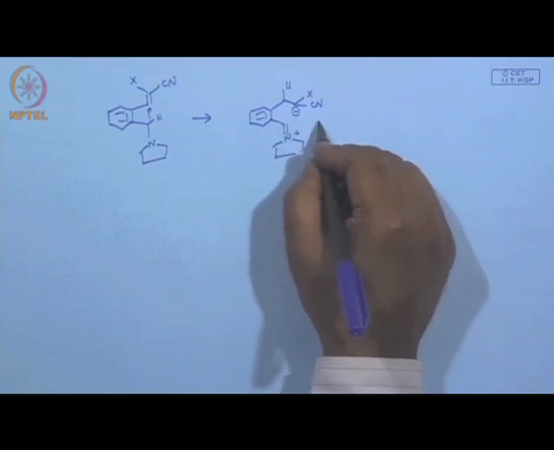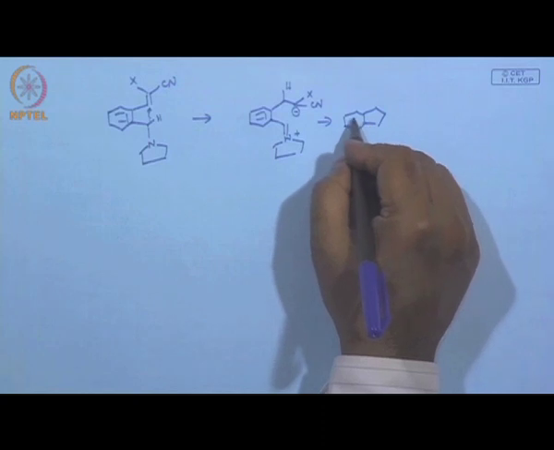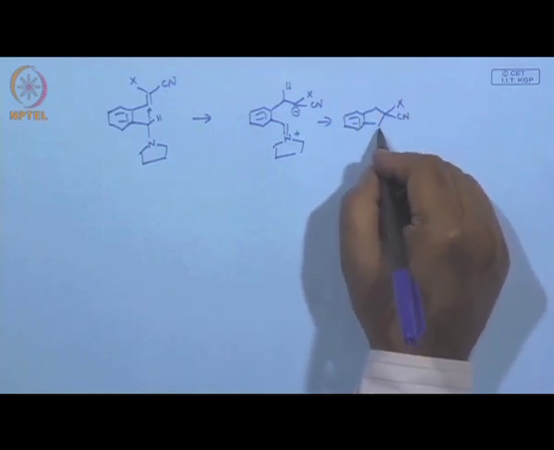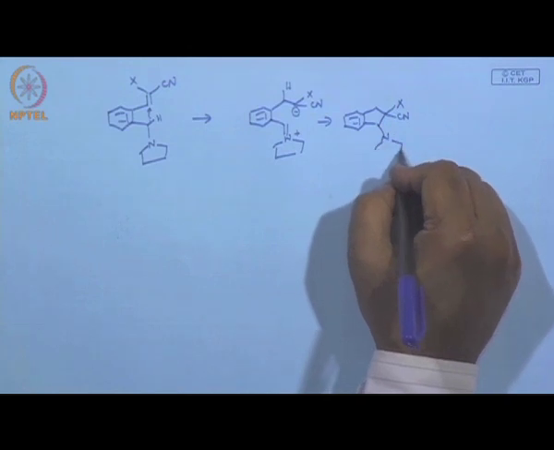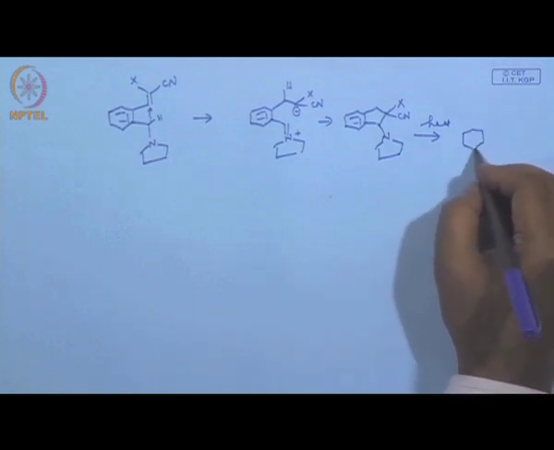So what do you get? You get the sort of indane derivative with X here, cyano, and this nitrogen and this one, and this is formed. Okay. Then if you heat it, what do you expect? I think I will not write the mechanism, but all of you can guess.